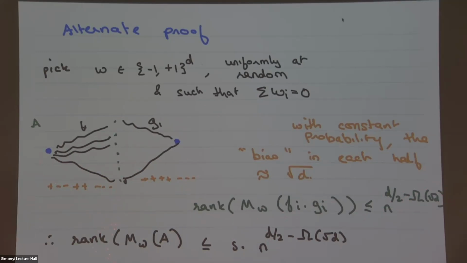And then using sub-additivity of these, F1 G1 plus F2 G2 plus F3 G3, we're summing S polynomials, the total rank is at most S times n to the d over 2 minus omega of square root d. It's the same idea used by Raz, a very similar lower bound used by Raz for the formula with a random partition. Exactly.